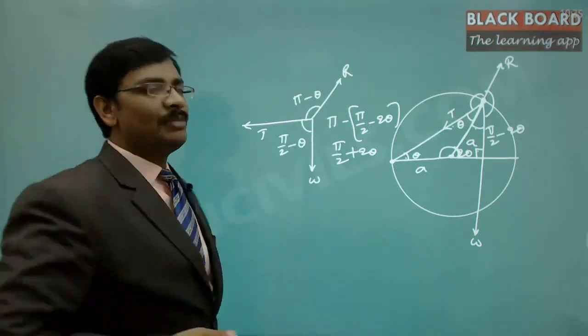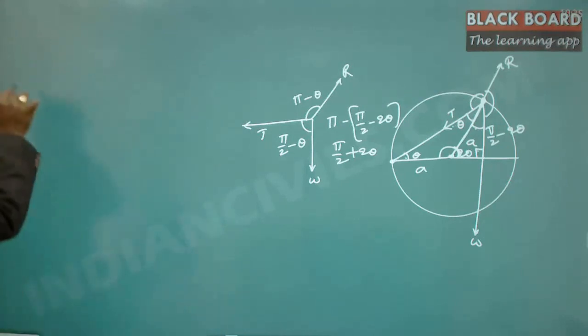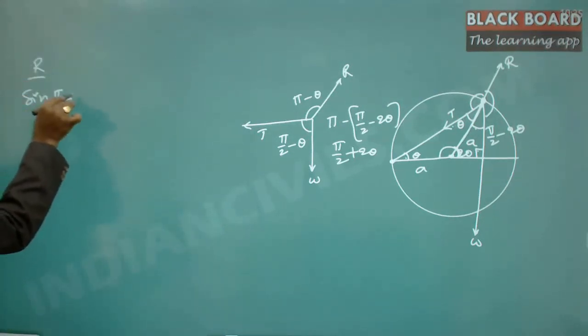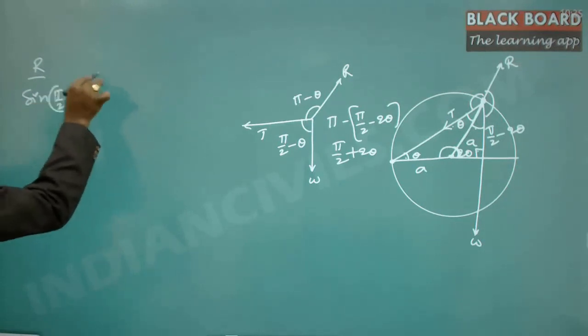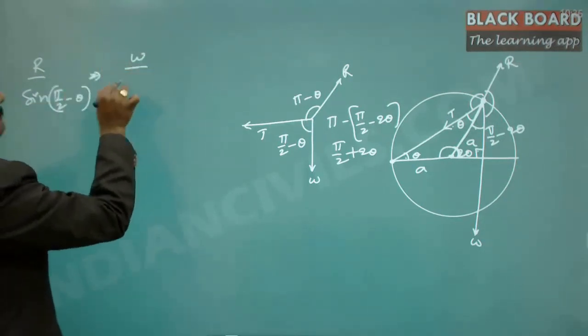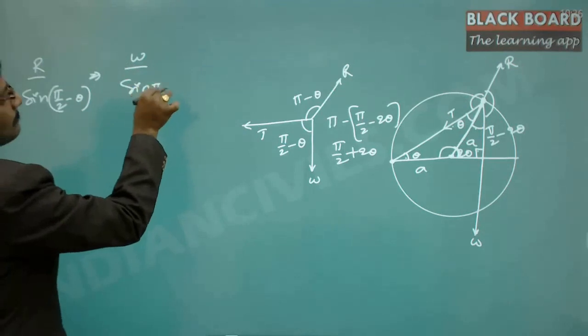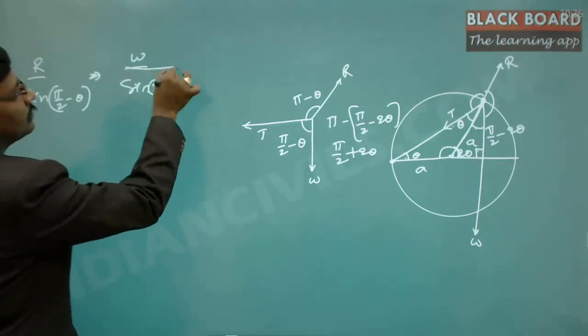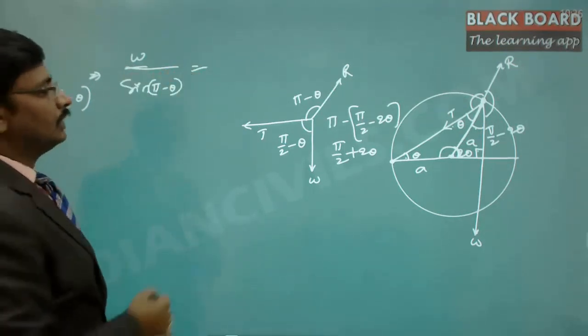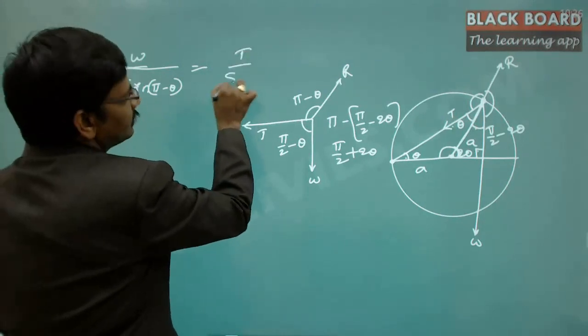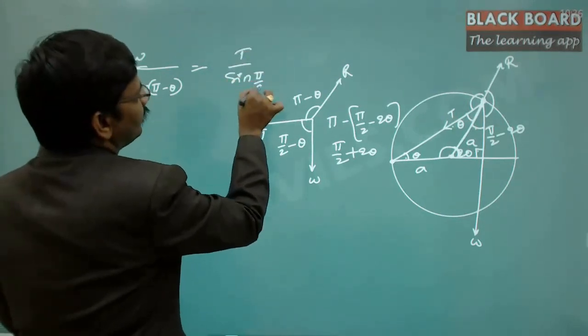So you can apply Lami's theorem on this. R by sine of (pi by 2 minus theta) is equal to W by sine of (pi minus theta), is equal to T by sine of (pi by 2 plus 2 theta).